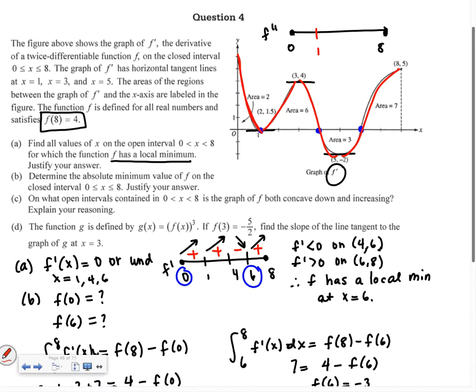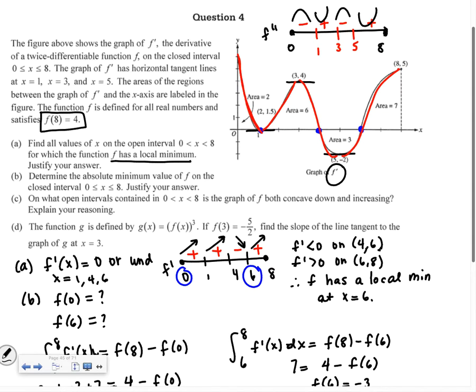So at 1, it's going to change, and then it's going to be positive until we get to 3, and then it's negative until we get to 5, and then it's positive again until we get to 8. So it goes down, up, down, up. Okay, so we're concave down, concave up, concave down, concave up.